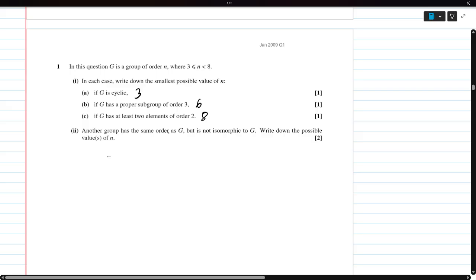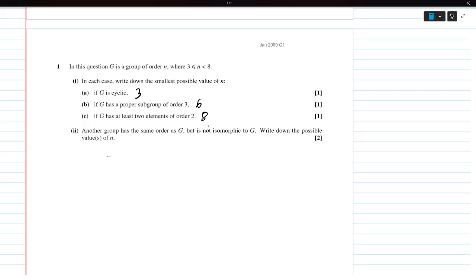Another group has the same order as G, but it's not isomorphic to G. Write down the possible values of n. Okay, 3 is unique up to isomorphism. 4 has 2 possible, so we already discussed this: the cyclic group and the Klein group.